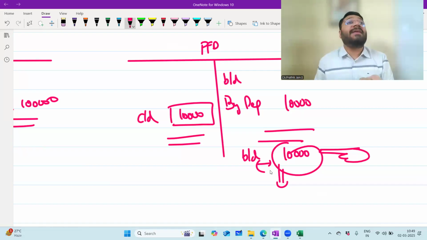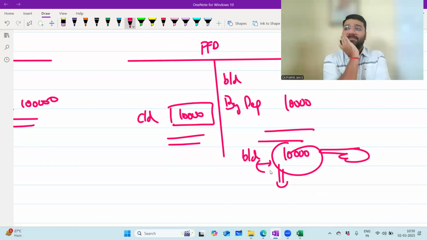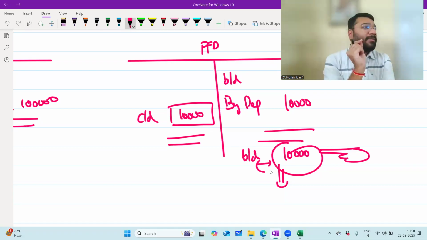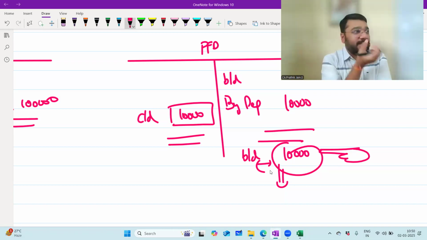Those who are fond of milk tea, will you enjoy it without milk? No. If I put milk, water, sugar but no tea powder, will you call that tea? Tell me. If any one of the ingredients is missing, you've not savored that tea properly.